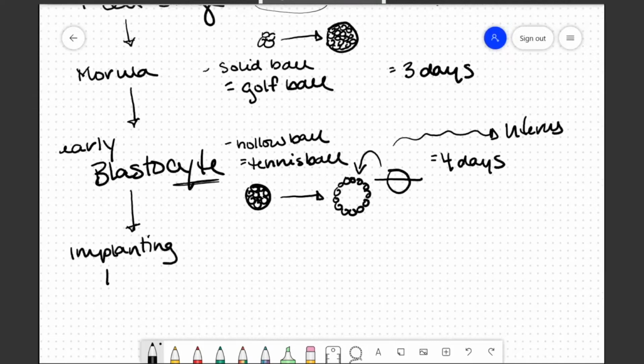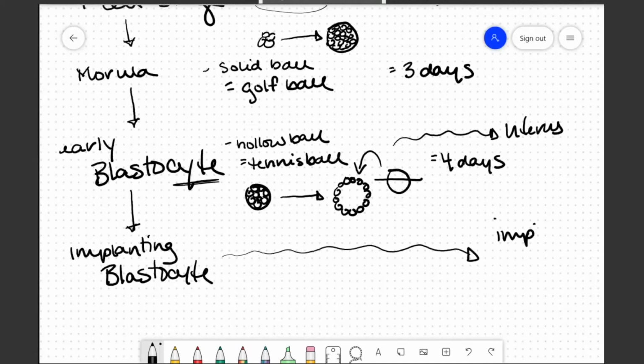Your implanting blastocyte is still going to be this hollow ball of cells, but it is actually going to implant and not just be in the uterus, it will implant to the uterus.